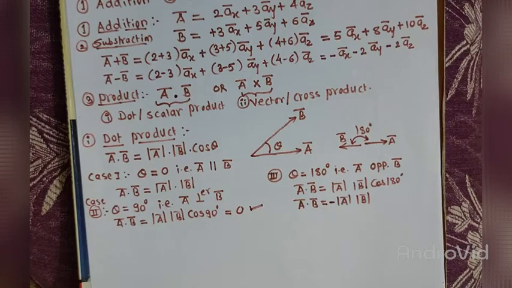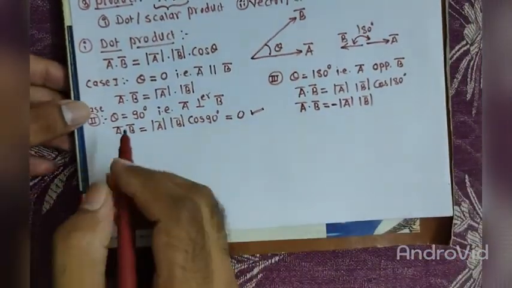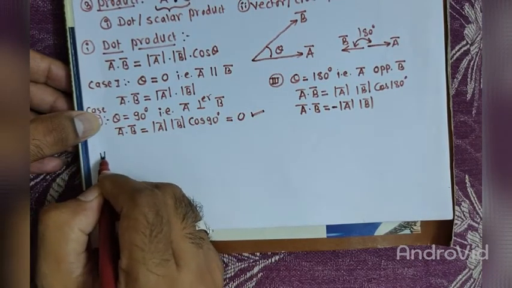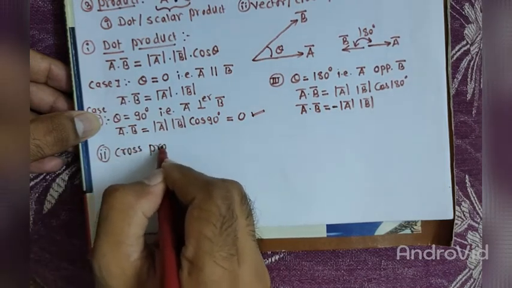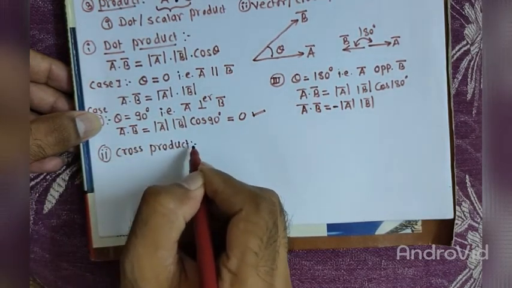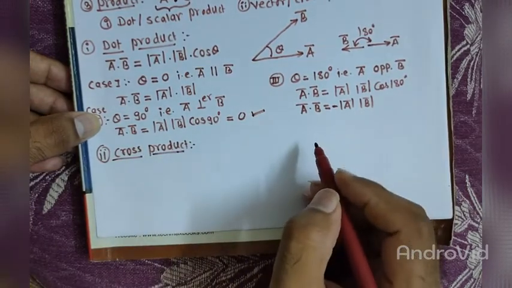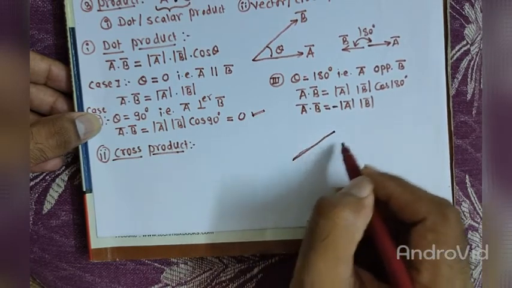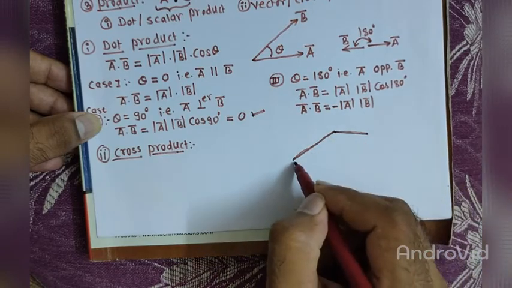Now let us move ahead and look at the cross product. Moving on to the next definition, that is the cross product. So how to define the cross product? This is very important now. For that purpose, I am going to consider one plane.